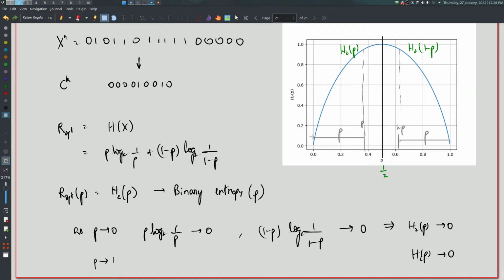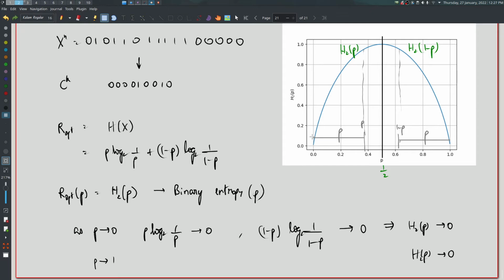Whereas on the other hand, if both zeros and ones are equally likely, then it should be somewhat harder to compress, because you can't really predict what the next symbol of the sequence is. Whereas if you can very easily predict what is going to happen, then it should be easier to compress, and therefore the compressed length should be smaller.